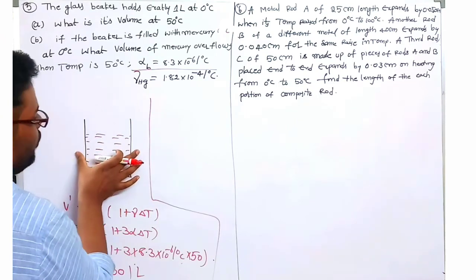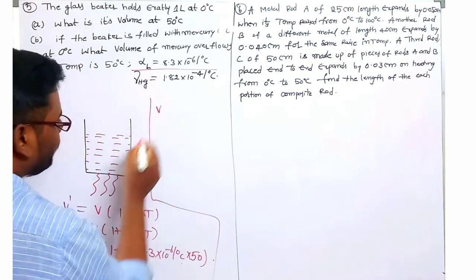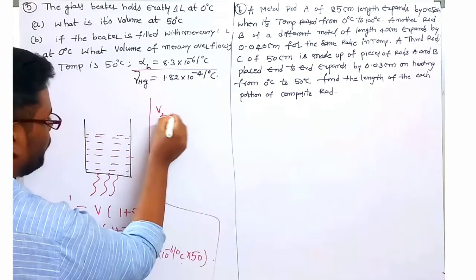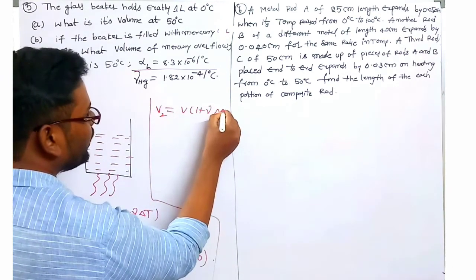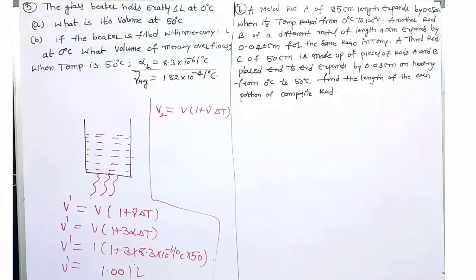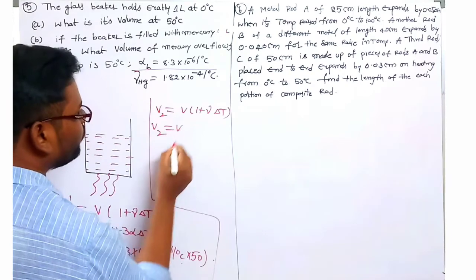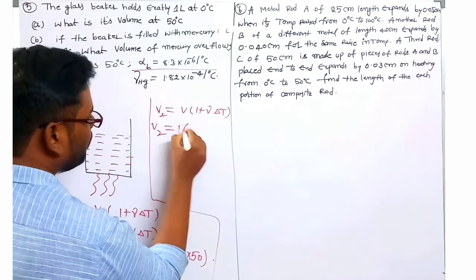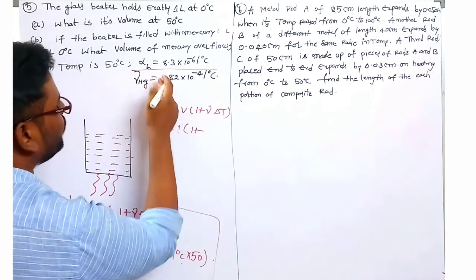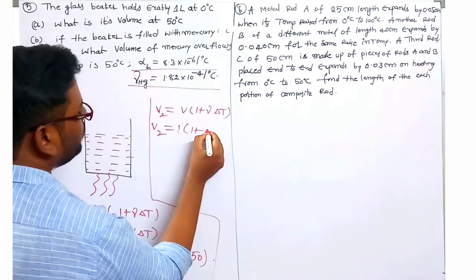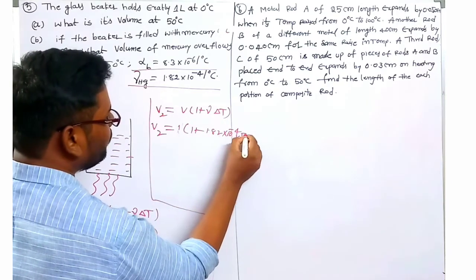So we need to find the final volume of the mercury, right? You can take that as V2. V2 is equal to V into 1 plus gamma delta T. Here V is 1 liter, and gamma is given in the question itself as 1.82 into 10 to the power of minus 4, and delta T is 50.